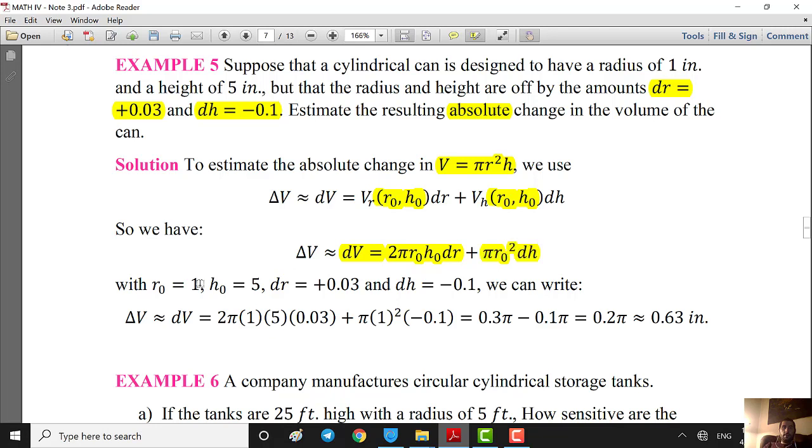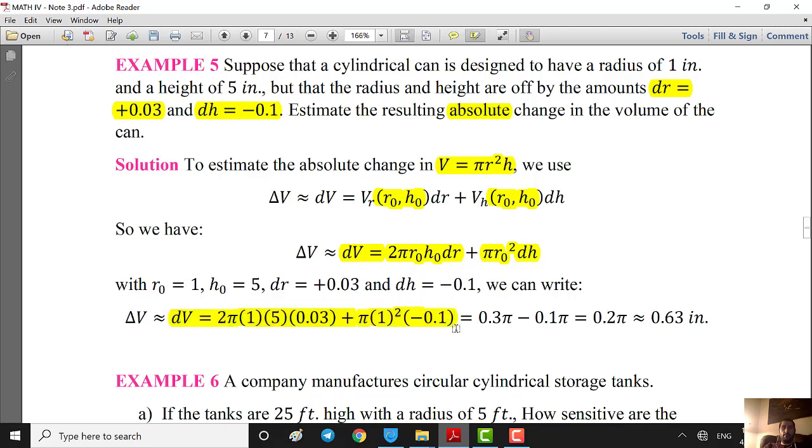Now, with r0 equal to 1 and h0 equal to 5 and dr equal to plus 0.03 and dh equal to minus 0.1, we can write dv to be equal to 2 pi times 5 times 1 times plus 0.03 plus pi times 1 to the 2 times minus 0.1.